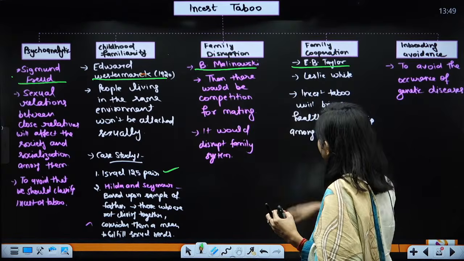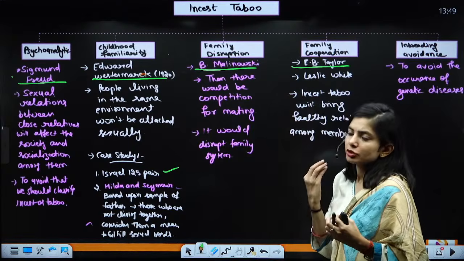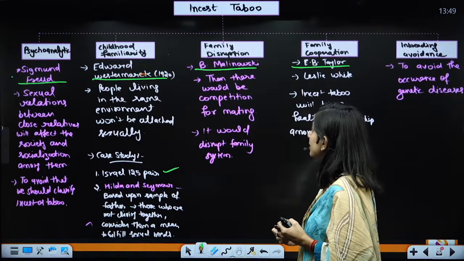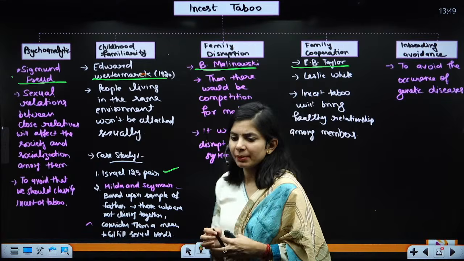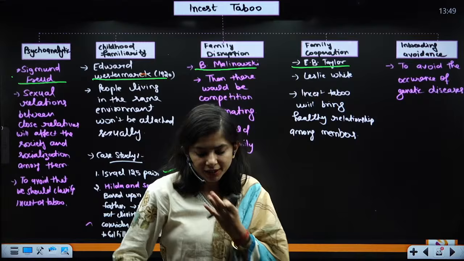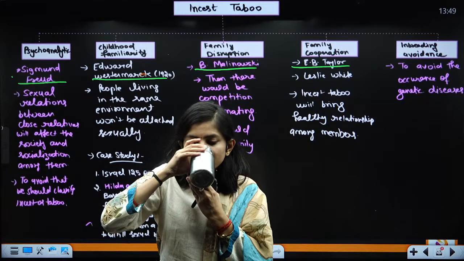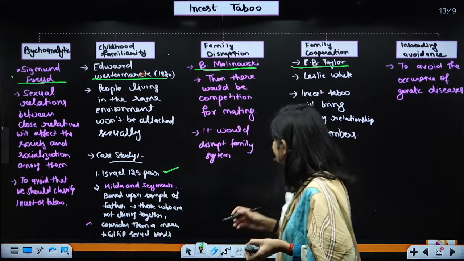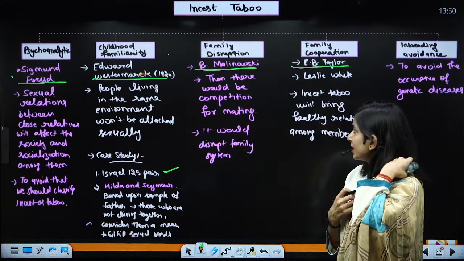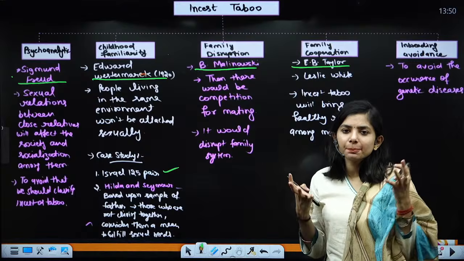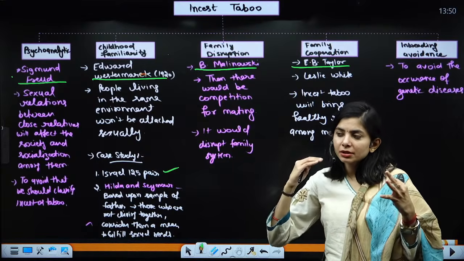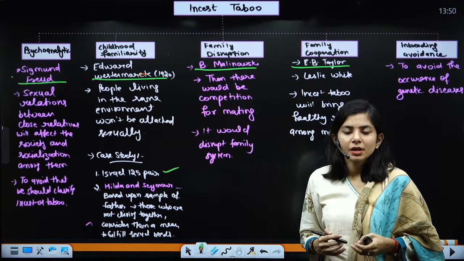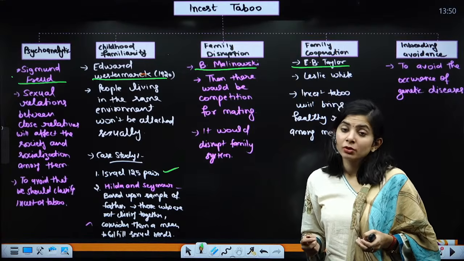Okay, next, family disruption. So B. Malinowski said that there would be a competition for the mating. It will disrupt the complete family if relationships are not aligned, because now we are having rules and regulations.